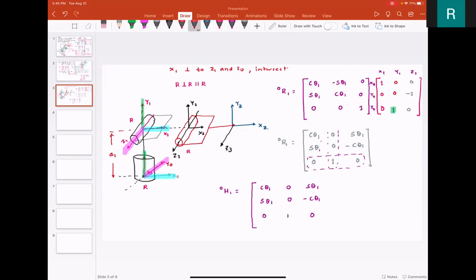So this is going to become, can someone tell me what the position is going to look like? 0, actually 0, 0, and A1, 0, 0, 0, 1. And I'm going to stop here.